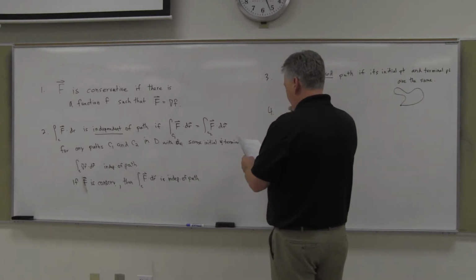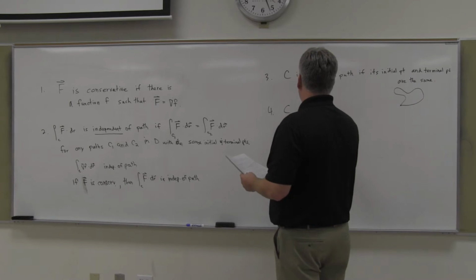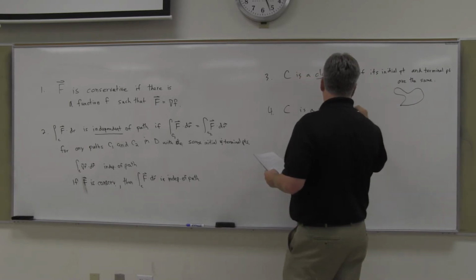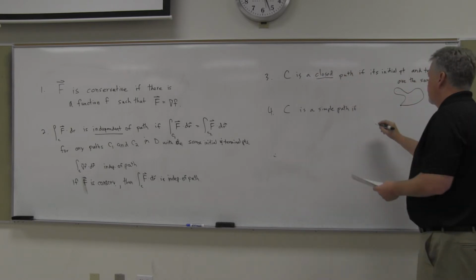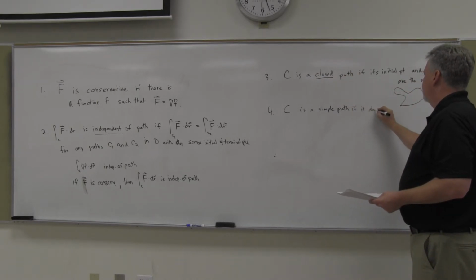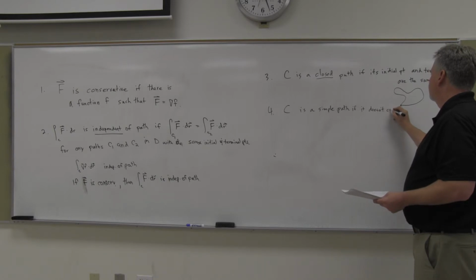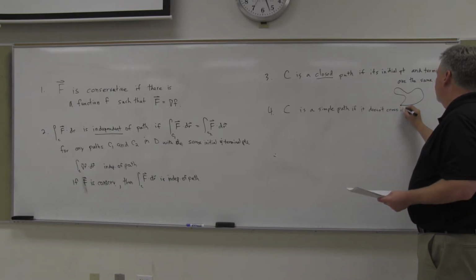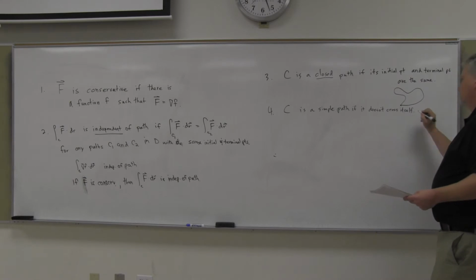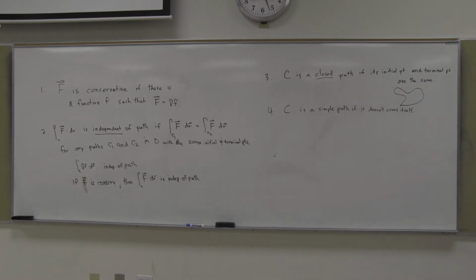Fourth, C is a simple path if it doesn't cross itself or intersect itself. So is that path I drew simple? Yes, it didn't cross itself, so it's simple.